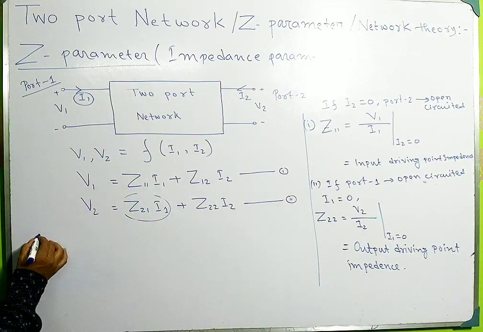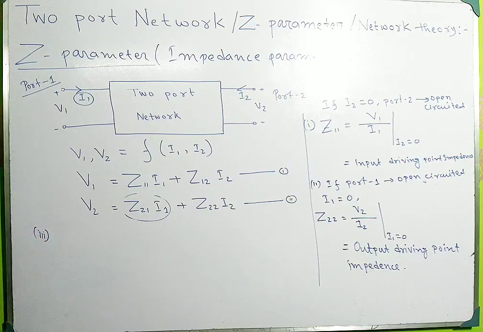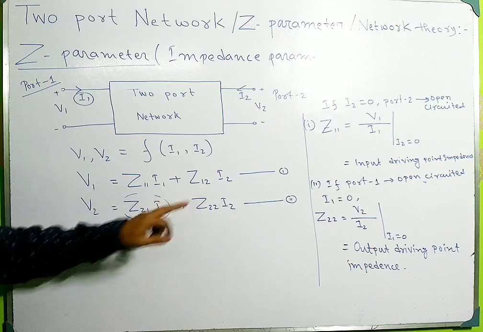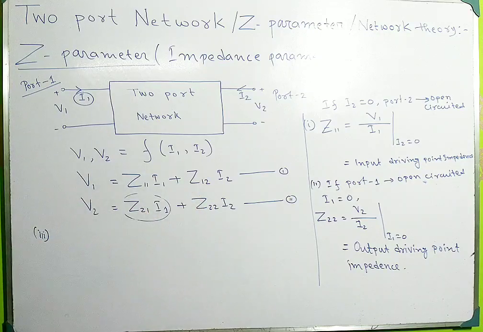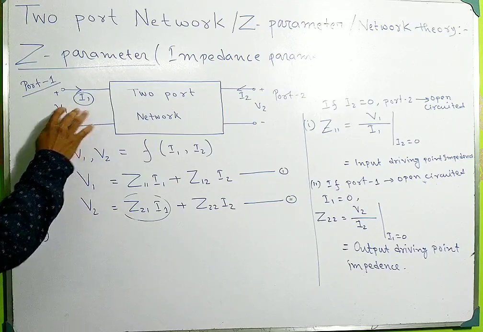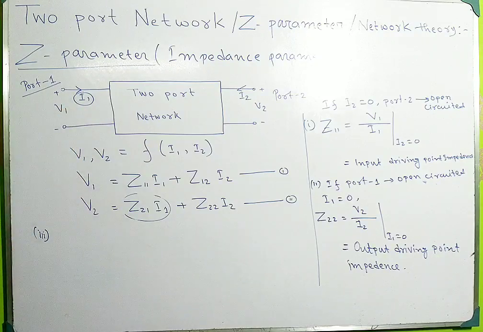Now, point 3, we want to define Z12. That means port 1 must be open circuited.